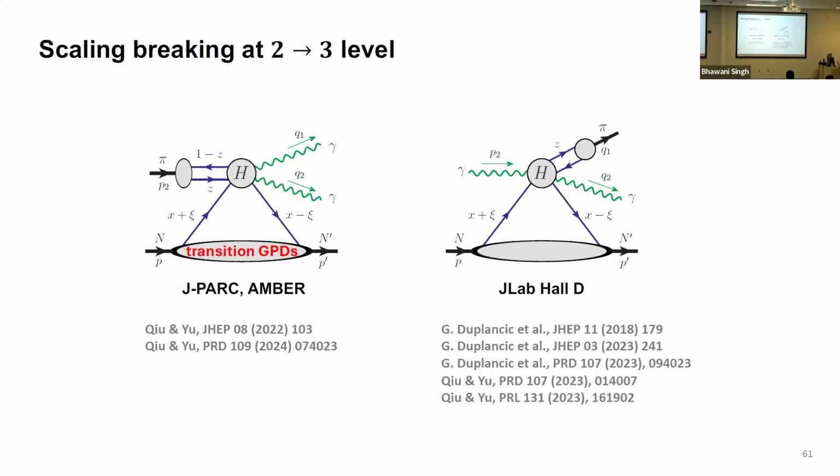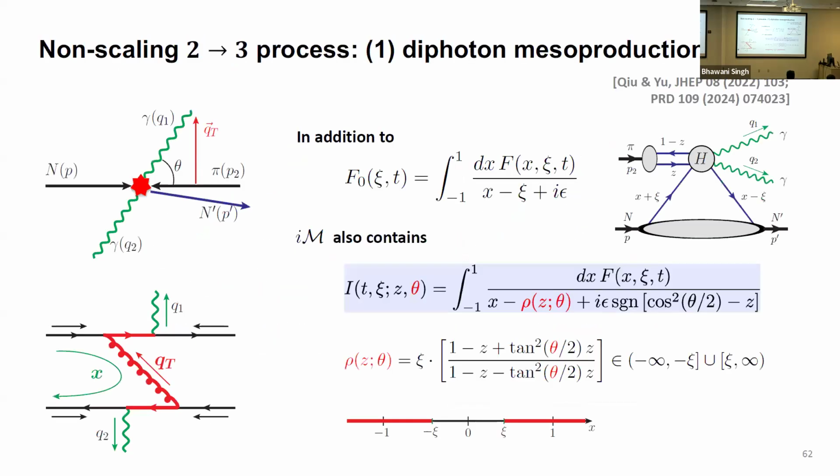We can quickly go through these two processes. For the two-photon process, we can have a look at the hard scattering process here. We have a pair of partons from the GPD, a pair of partons from the pion, and they collide to produce the two photons.